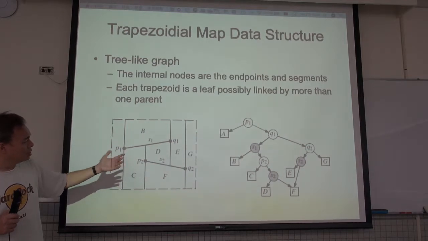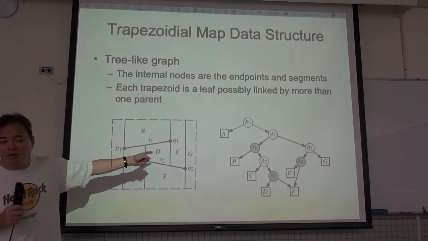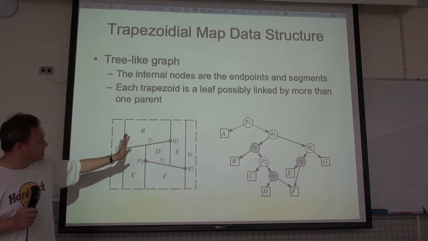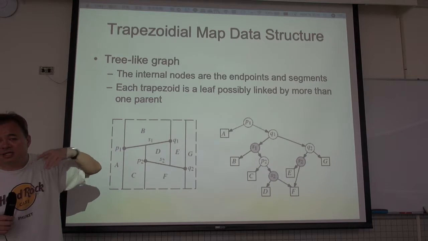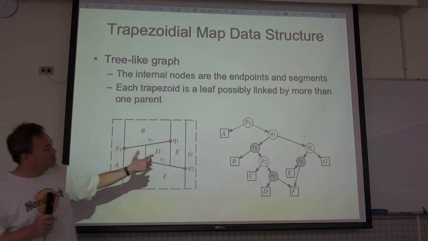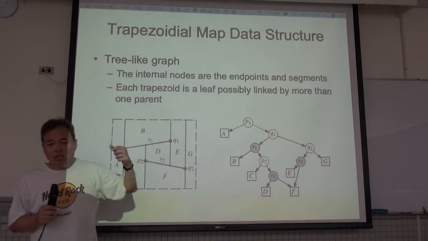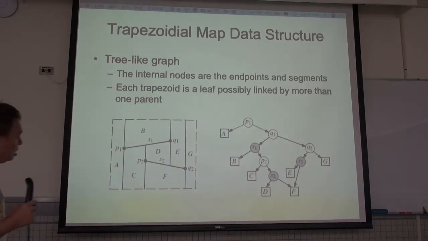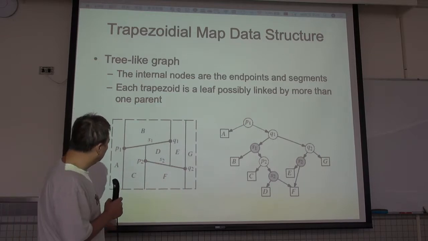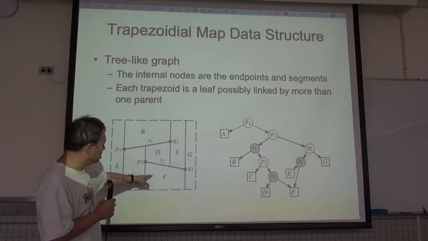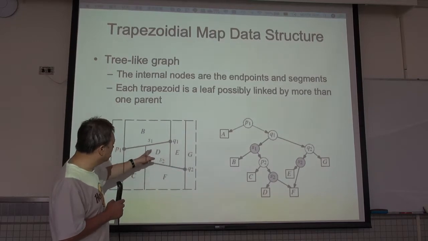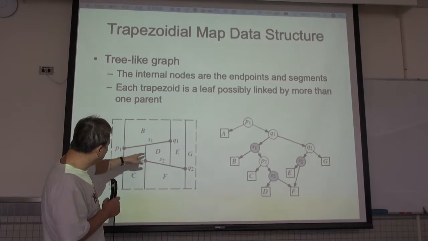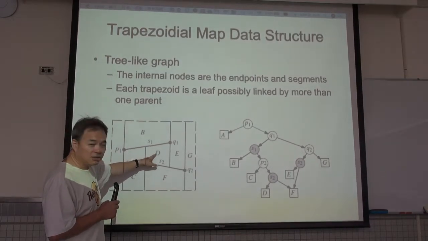Q1? No, Q1 is the endpoint, right? What I want is a point in a trapezoid. I just want to demo that we can use this data structure to do the query. A point in D? Yes, okay, like here, right?